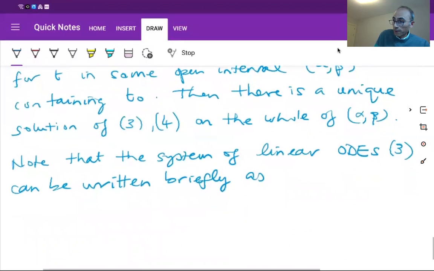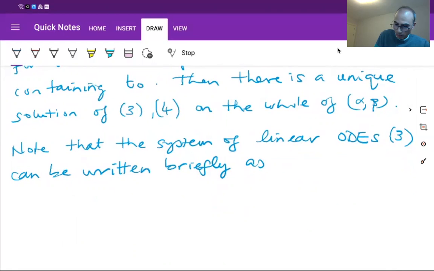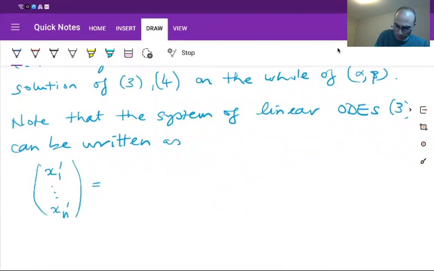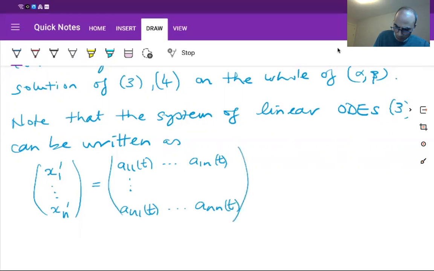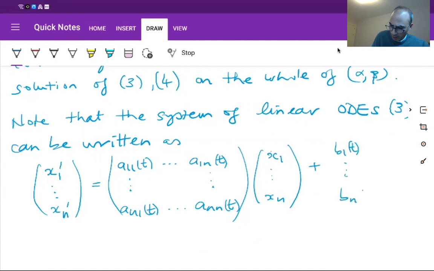Firstly, it can be written using matrix notation in the following way: x1 prime up to xn prime equals the matrix with entries a11 up to ann, which are all functions of t, times x1 up to xn, plus b1(t) up to bn(t).